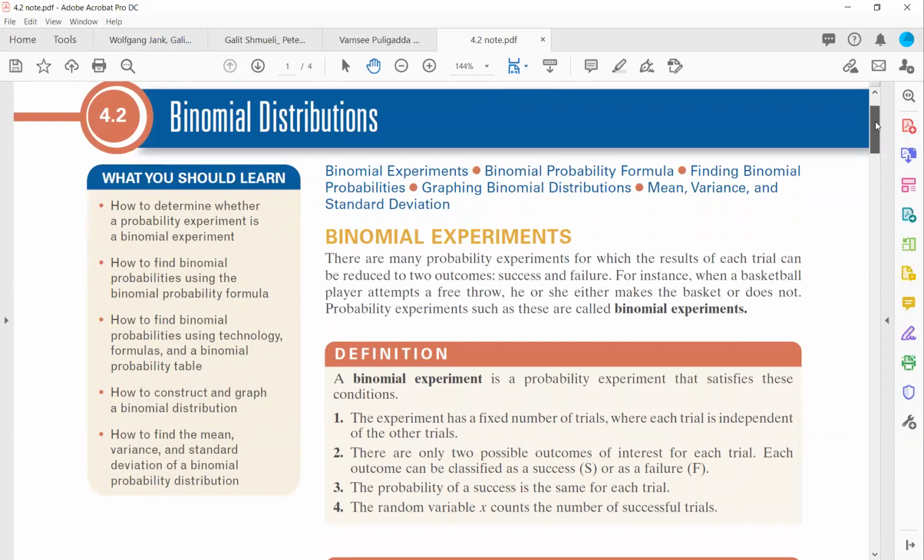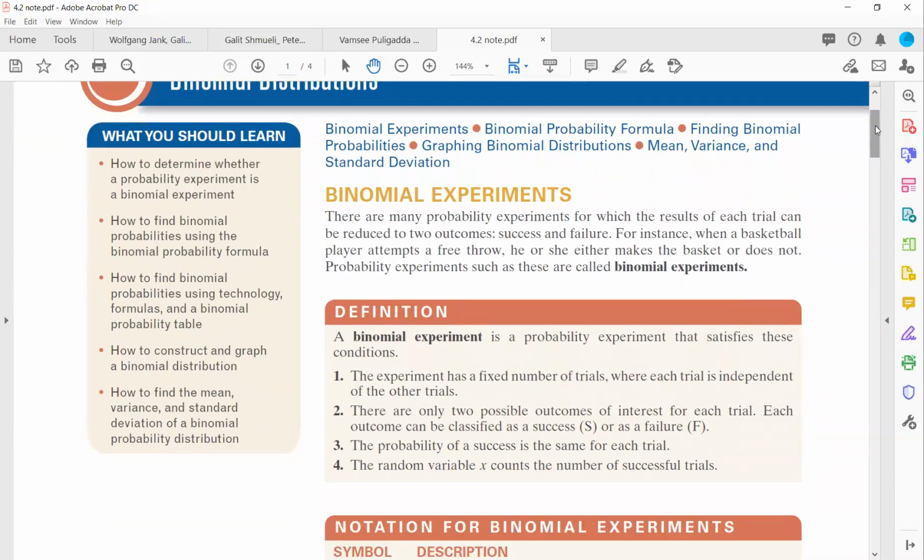So let us officially define a binomial distribution. A binomial experiment is a probability experiment that satisfies these conditions. First, the experiment has a fixed number of trials where each trial is independent of the other trials. So when you are looking at an example or a question, you have to have an independence condition between the trials.